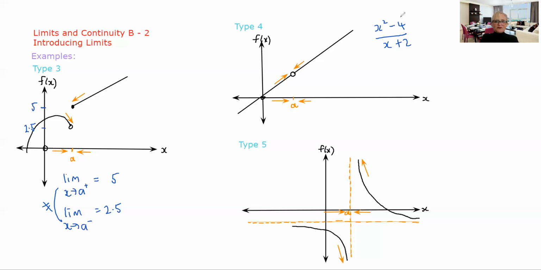That's a special case of a rational function where if you were to sub in x equals -2, you'd get 0 on 0. But you can factorise and cancel. And really this function is the same thing as y equals x minus 2.